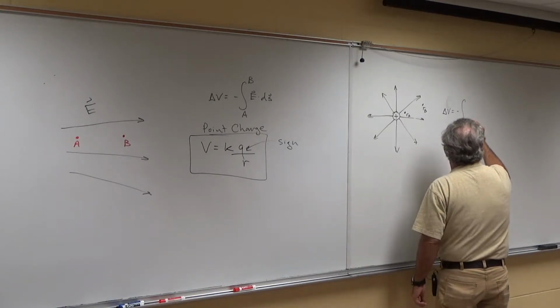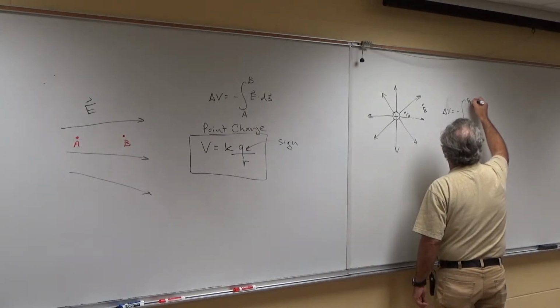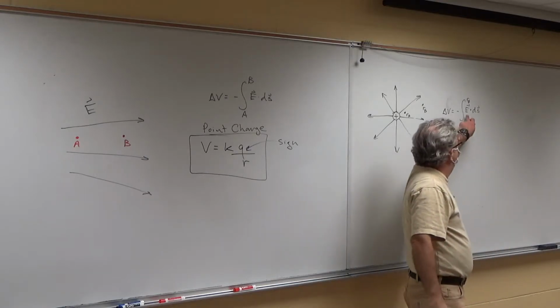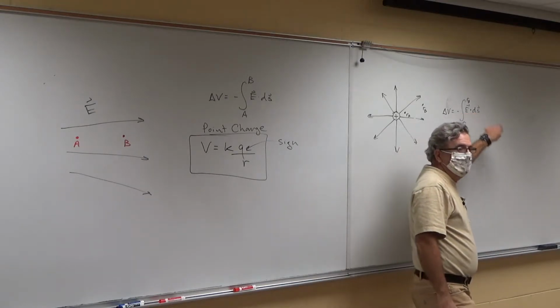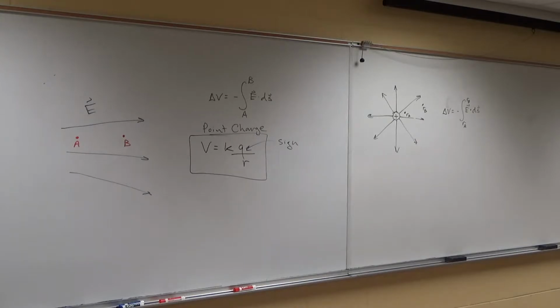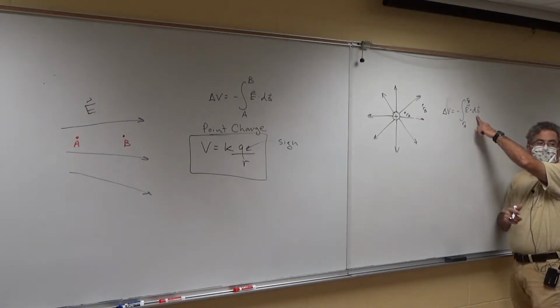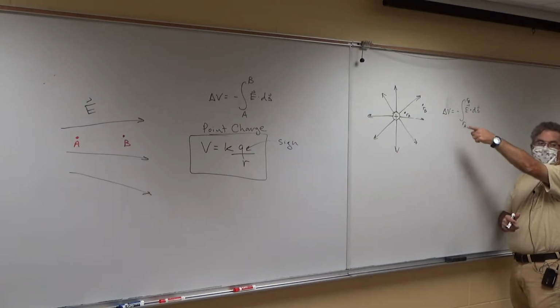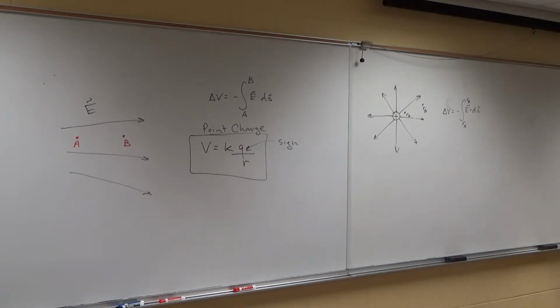So I'm going from rA to rB, and I want to calculate E dot ds. This is no longer constant. The field falls off like 1 over r squared. That E depends on the distance from the point charge. So I can't just simply pull that out of the integral like I did with a uniform field, some constant field.